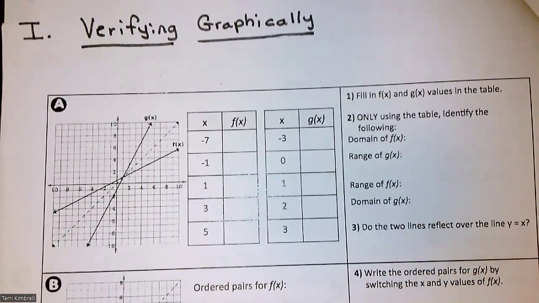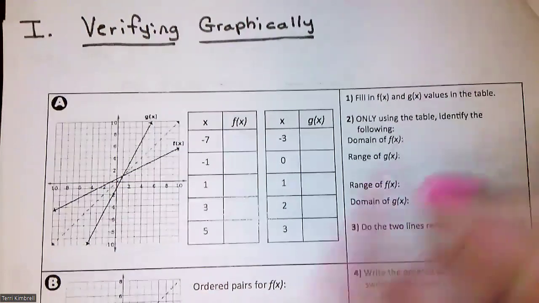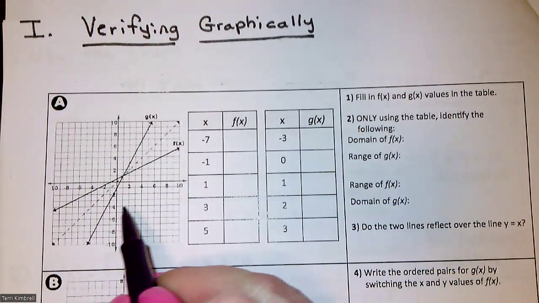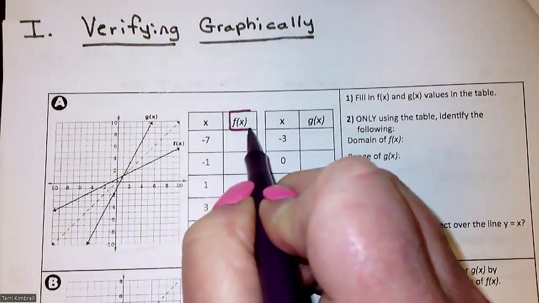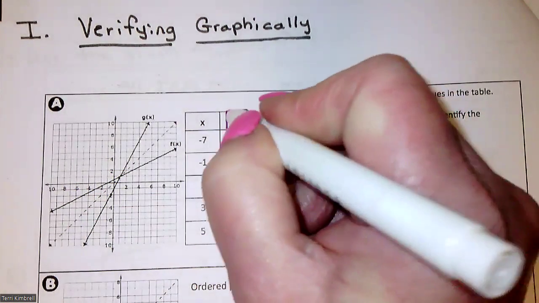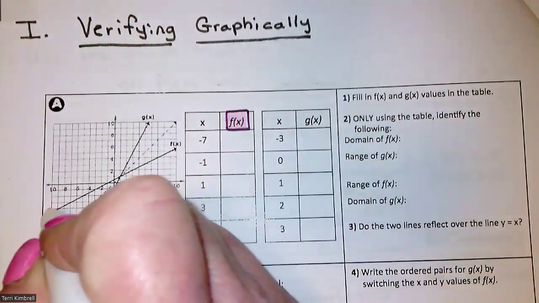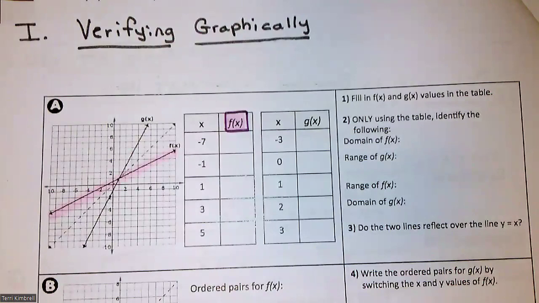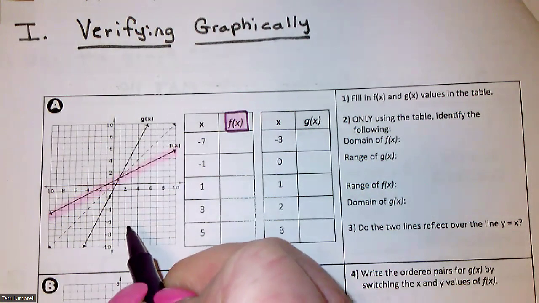Okay, so now we're going to verify graphically. So remember we were talking about switching the x's and the y's. So if you label your function f of x, that would be this one. Okay, we're going to look at some points on that line.